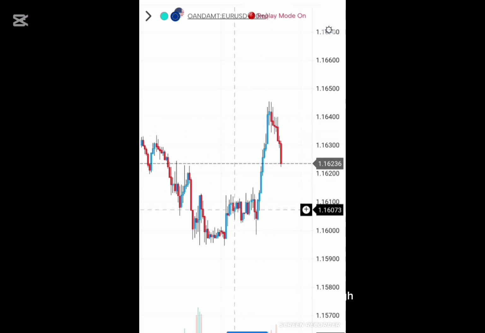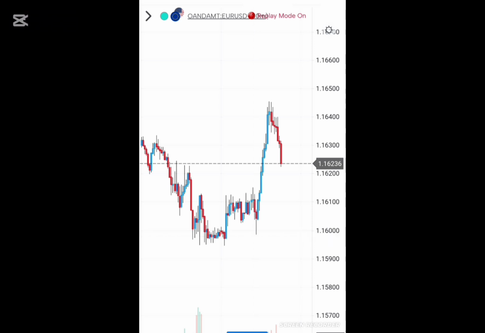As you can see, we label our optimal demand, or our high probability demand. We will leave this demand because it's already priced as we violated it, and then we have this fresh demand around here. Now we are going to use market structure to identify our high probability demand.